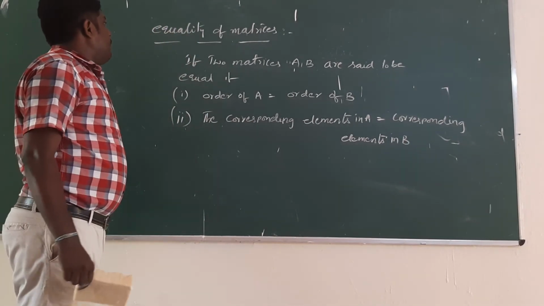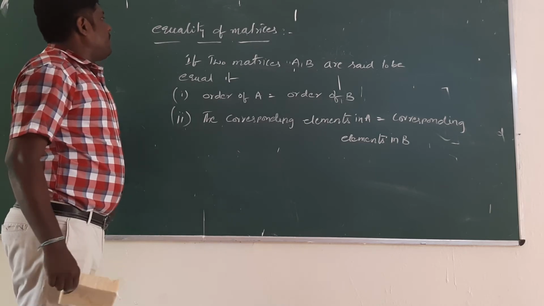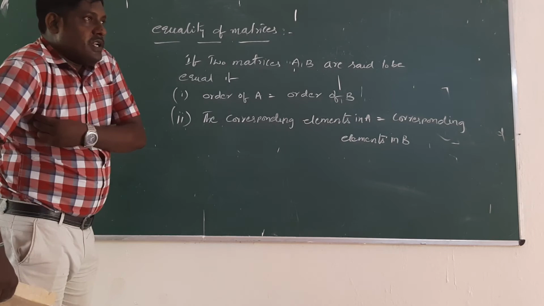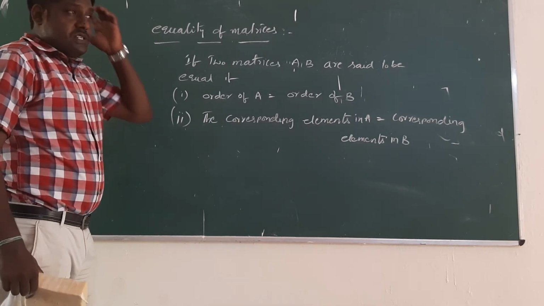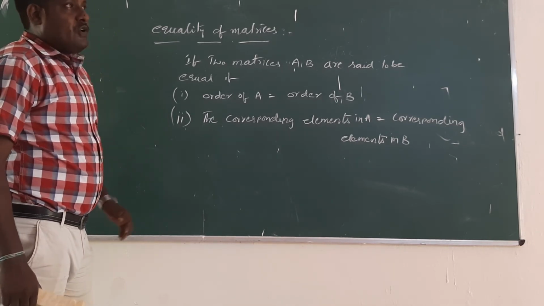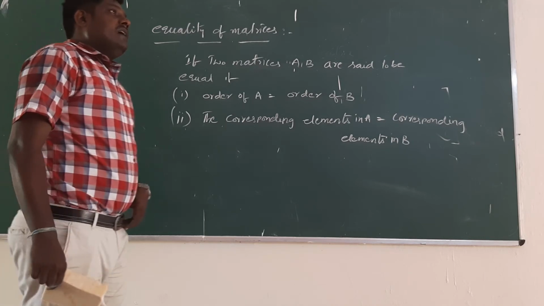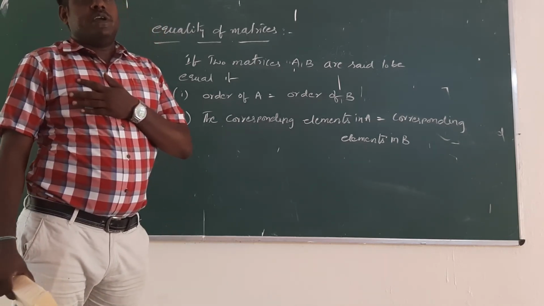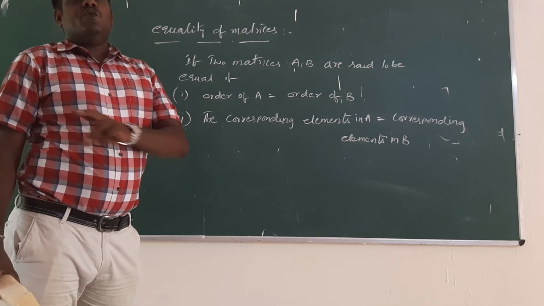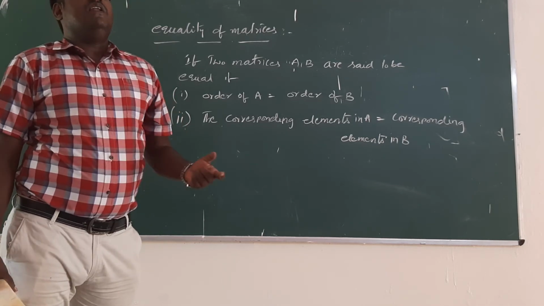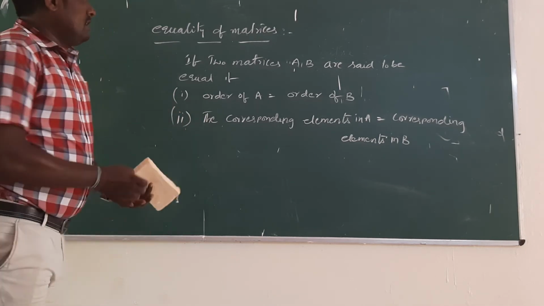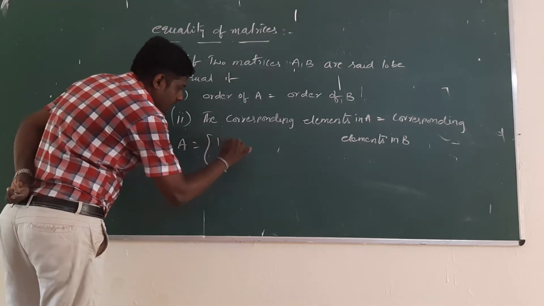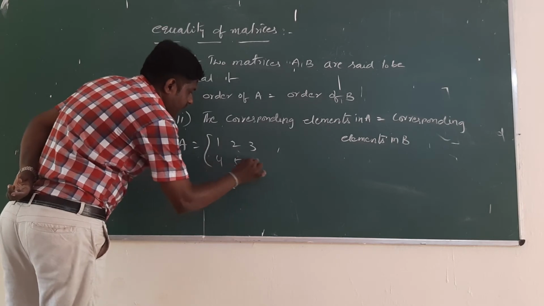See, when we say two matrices are equal, two conditions are applicable. The first condition is that the order of the two matrices should be equal, and the corresponding elements in A and B should be equal. In this case only, the two matrices are called equal matrices. See, the first matrix A is [1 2 3; 4 5 6].